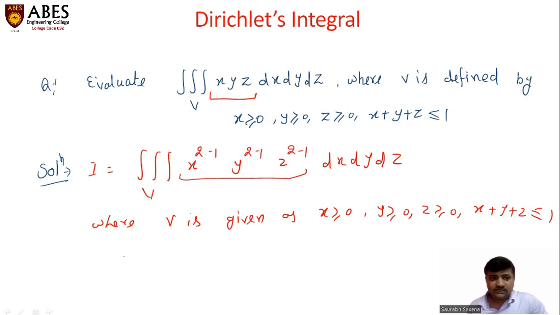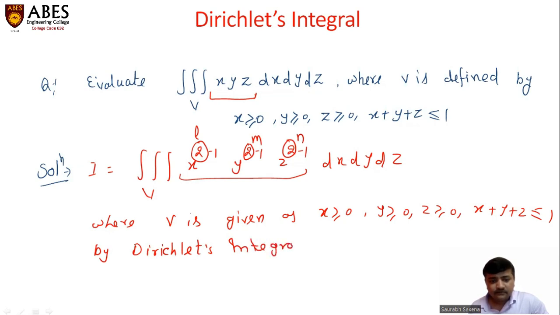Then can we use Dirichlet's integral? So yes, we can make use of Dirichlet's integral. So what is the formula for Dirichlet's integral? X to the power, this particular term may be considered as L, this may be considered as M, this may be considered as N. So by Dirichlet's integral, the value of the integral may be given as gamma L, gamma M, gamma N divided by gamma L plus M plus N plus 1.